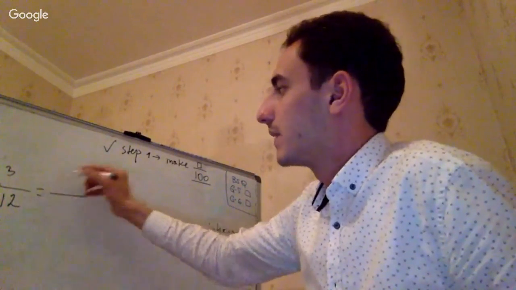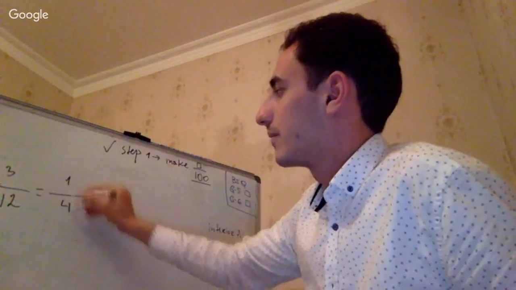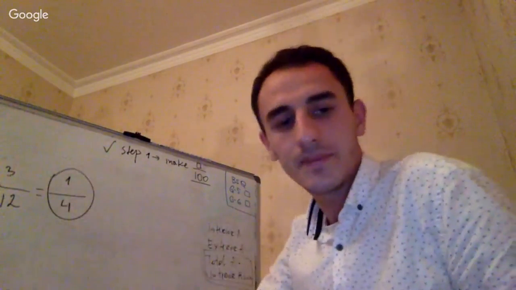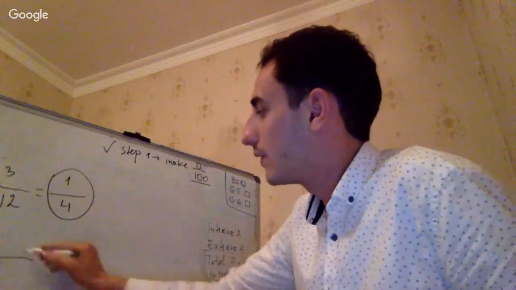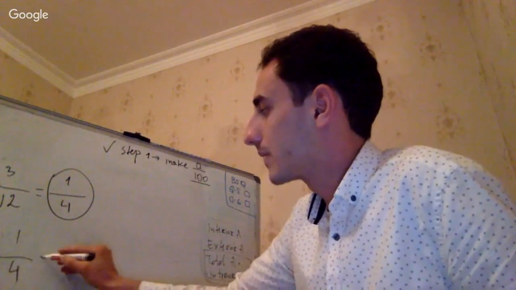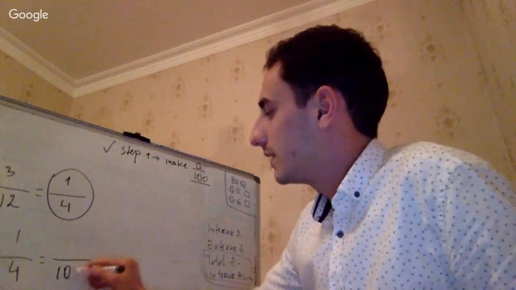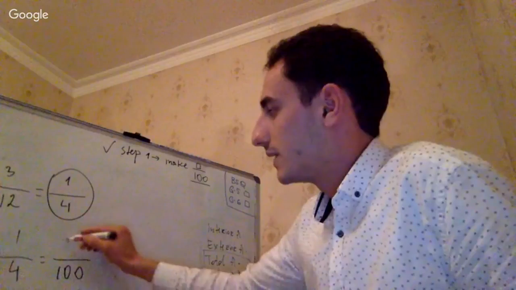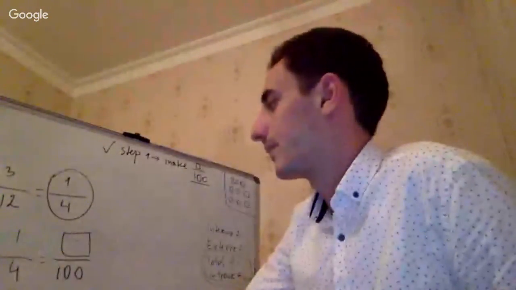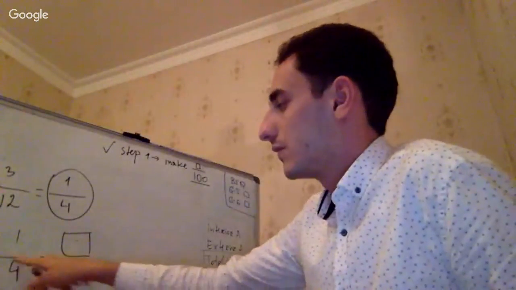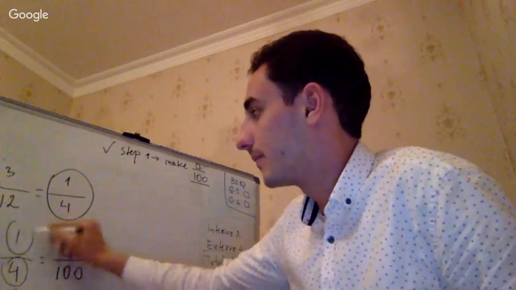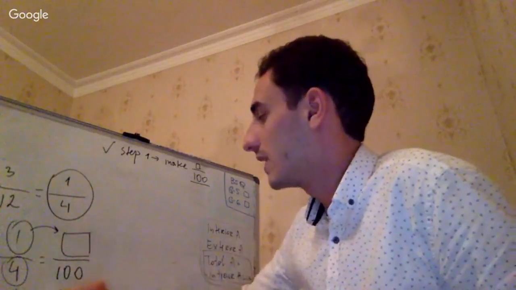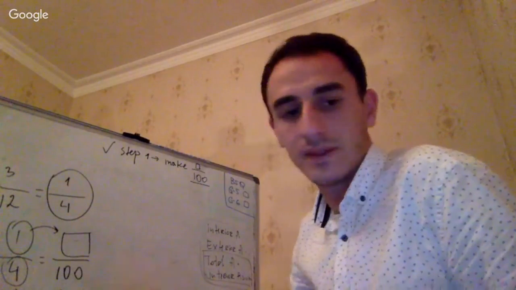Divide by 3. It will be 1/4. Right? They are equivalent fractions. Then I have 1/4. If I have here 100, then it means that I have done. This number will represent the percent number. How to come from 4 to 100? I need to multiply by 25. Right? Multiplied by 25.